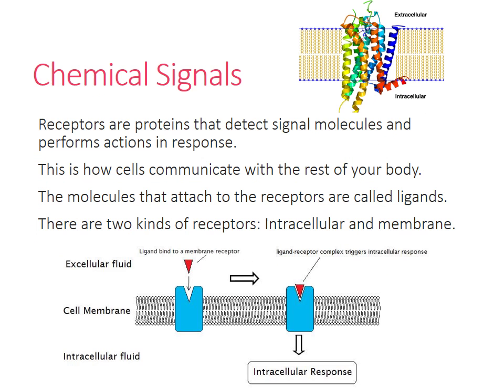Also, when we're talking about those proteins, they serve the purpose of acting as a receptor. Receptors are proteins that detect signal molecules that are floating around either inside or mostly outside of your cells. We call these little signals, these chemicals floating around, ligands.